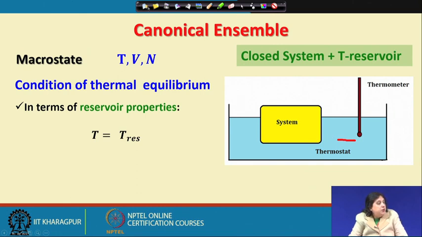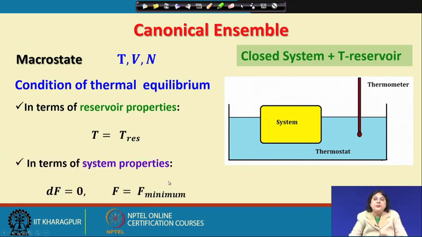We have also described that if I want to know the condition of thermal equilibrium in terms of system properties only, then it is given in terms of the associated thermodynamic potential. When you have this kind of macroscopic state given by temperature, volume and the number of particles, the thermodynamic potential is the Helmholtz free energy.